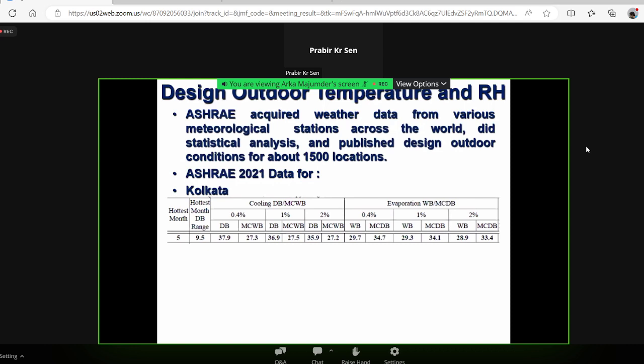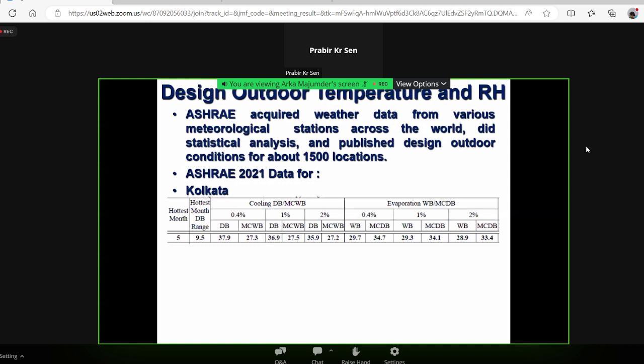But for very specific cases where the temperature variation, if the outdoor temperature goes up, what will happen? My room temperature will go up, because my AC plant is undersized for that temperature. So it will not be able to cool properly. And for very specific cases, where even for a very short time we can't tolerate that slightly higher temperature, then we should go for 0.4%.